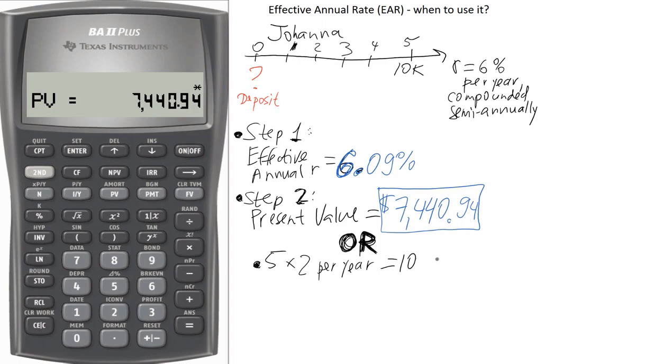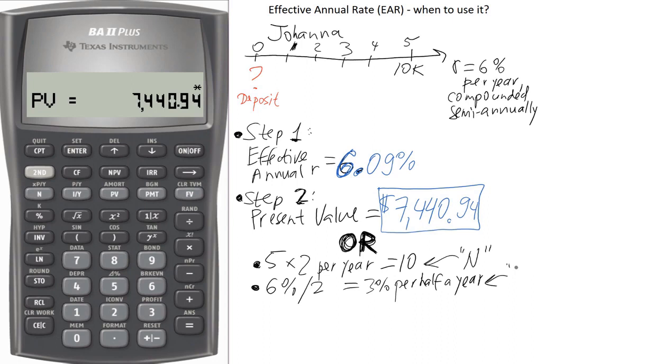So that's how many times interest is earned. This is like the N in the financial calculator. Then we can follow the same logic and say that each time the interest is earned, what is the rate? It's half of the annual rate. So we take 6%, divide by 2, and get 3% per half a year.